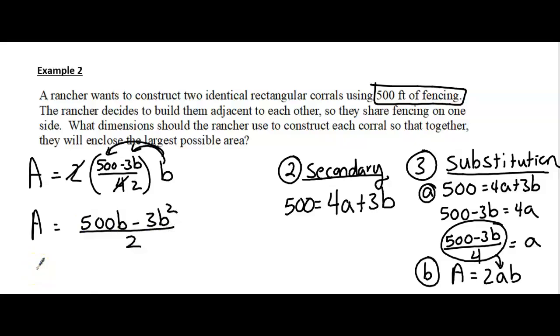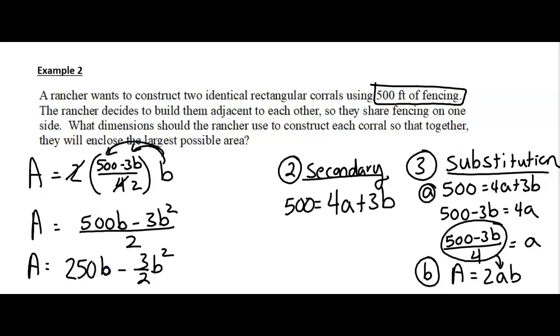And now I'm also going to split these up a little bit. I'm going to do 500 over 2 b minus 3 over 2 b squared. And the reason I'm choosing to write it like this is because it's going to make the derivative in step 4 a little bit easier. And also we can see here that 500 over 2 can be simplified into being 250.